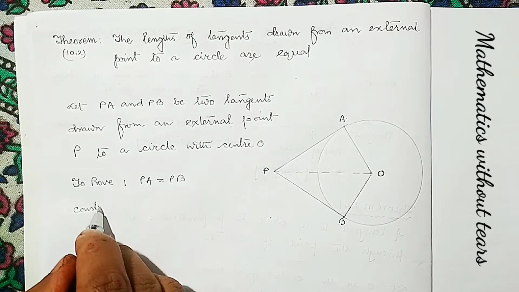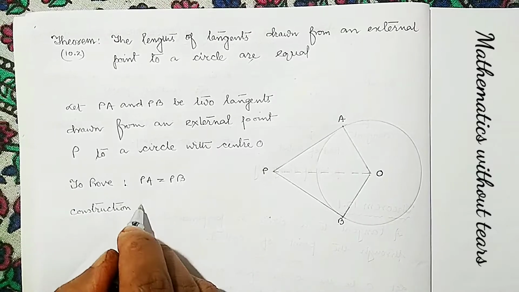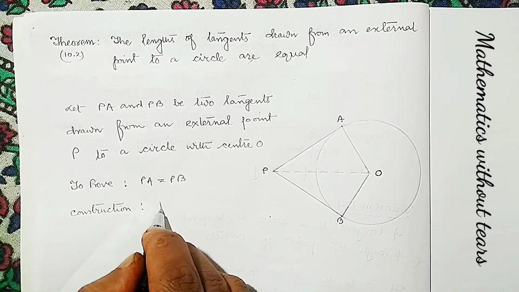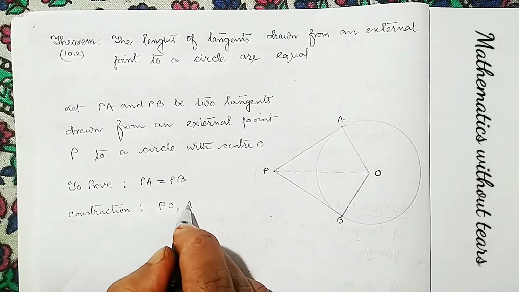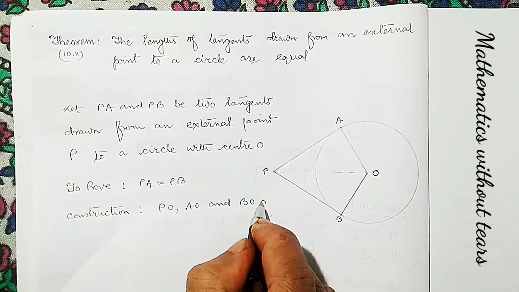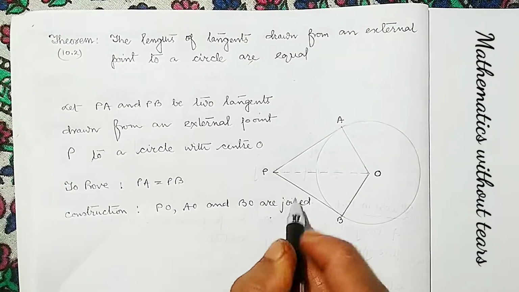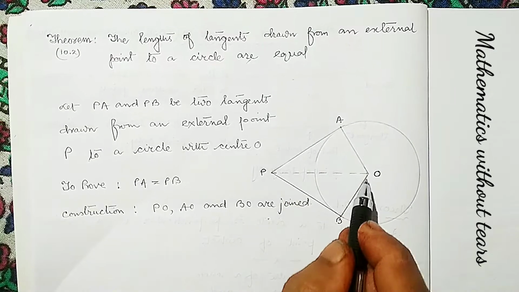In the construction, we have to write PO, AO and BO are joined. So PO, AO and BO I have joined.